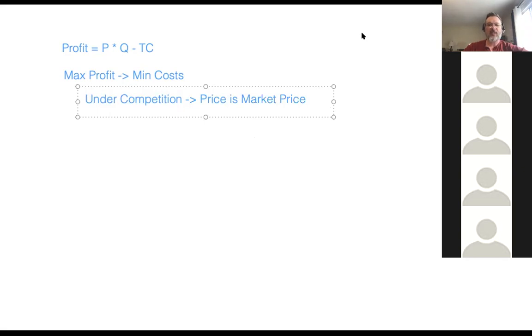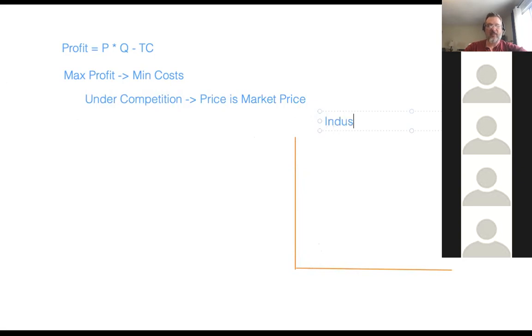So normally the way that we describe this is we start out with two graphs, and one of them is the one that you guys are familiar with.